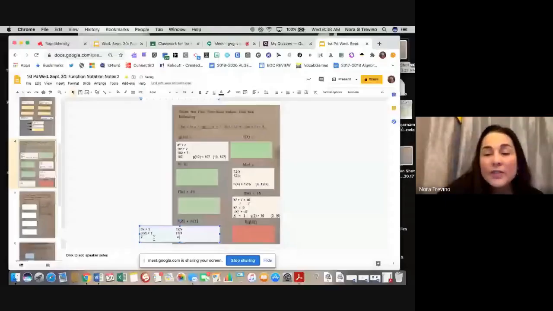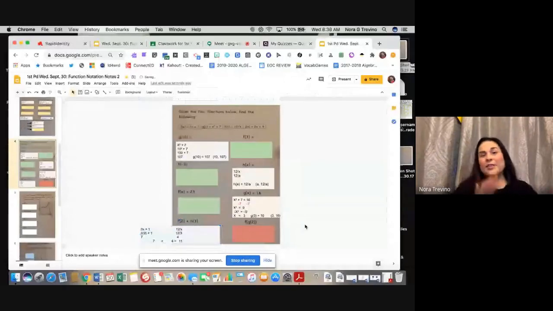And then they're saying, okay, now take your answers. The answer you got for f of 2, we got 7, and add it to the answer that you got for h of 3. We got a 4. So 7 plus 4, 11. And for this one, we don't have to write the ordered pairs or anything because they're 2 different things.